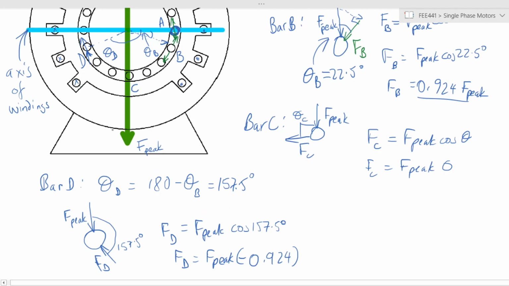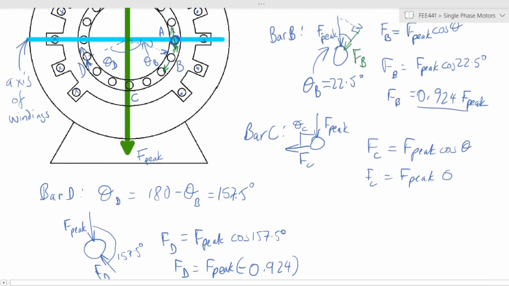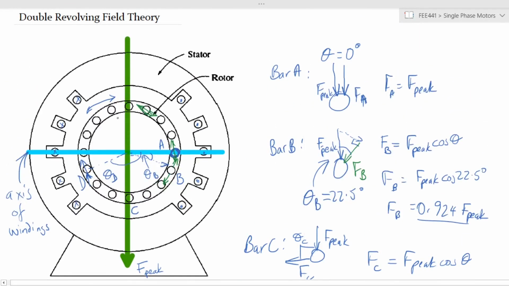That means that if you take FD, the force that's acting on D, and the force that's acting on B, they tend to be equal and opposite. And we can extrapolate that across the entire rotor and say that all points that are on each side of each other, all the forces acting on the left-hand side or the right-hand side will be directly opposite to those acting on the opposite side.